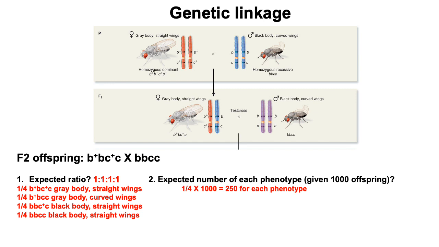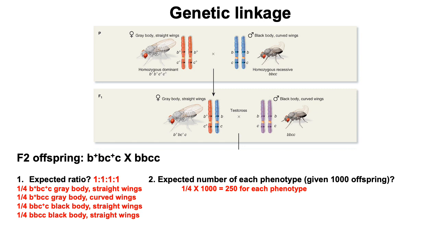And so if that's the case, it's really easy to look at how many of each phenotype we would expect given 1,000 offspring. Well, if they're all supposed to be there in equal numbers, 1,000 divided by 4, or 1/4 of 1,000, would be 250.